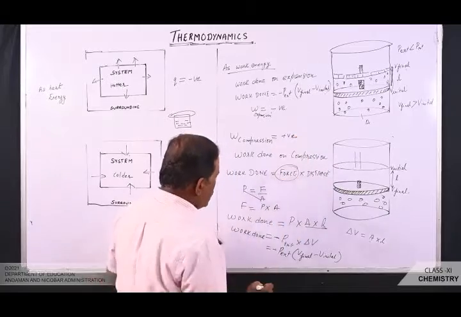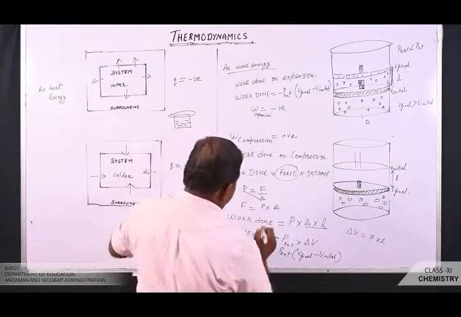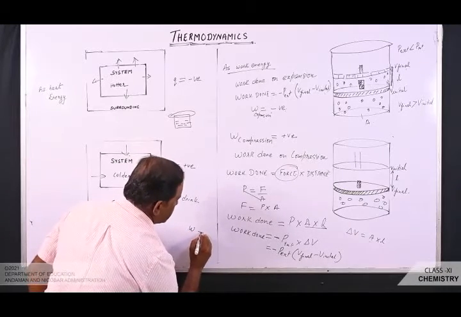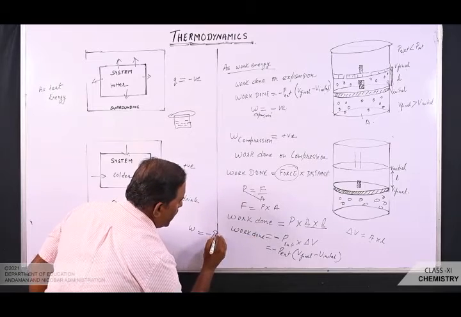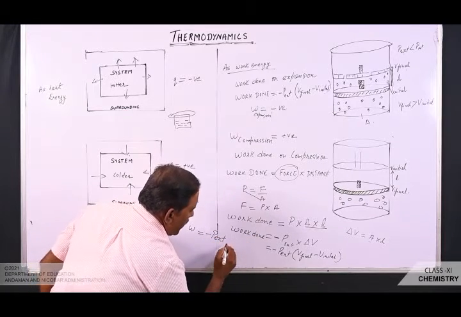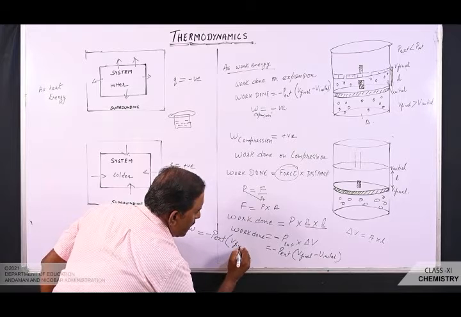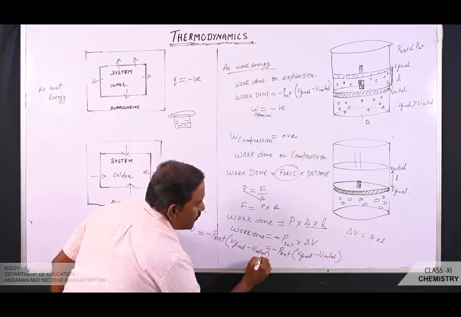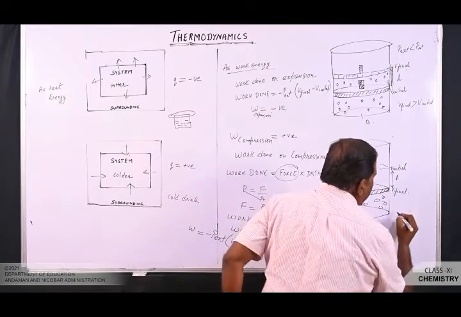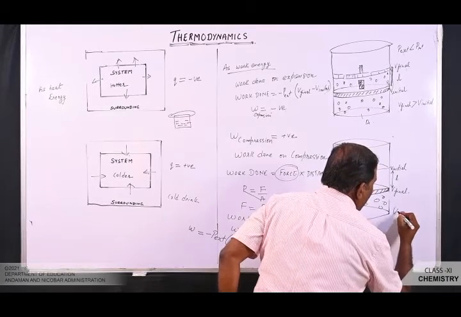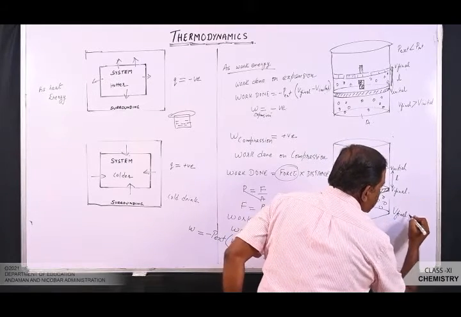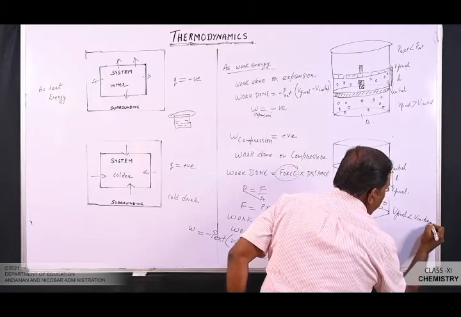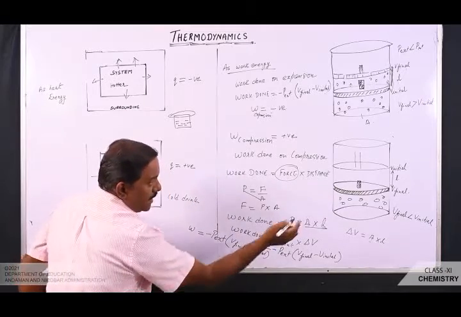So, why positive? Here I can write W is equal to minus P external into V final minus V initial. For the case of compression, V final is less than V initial.